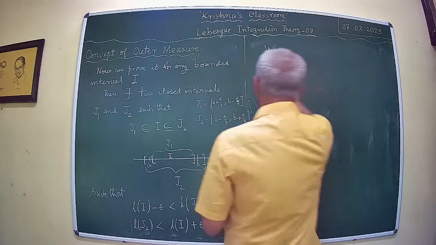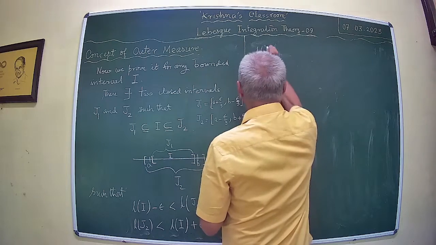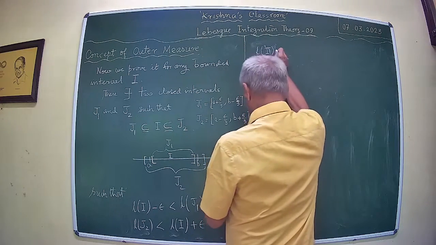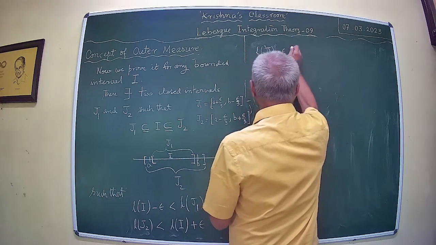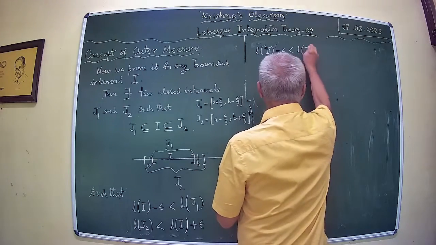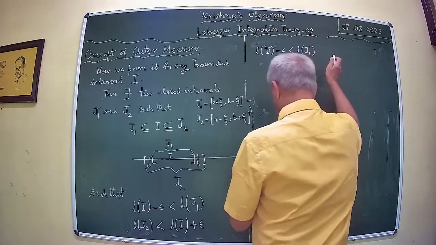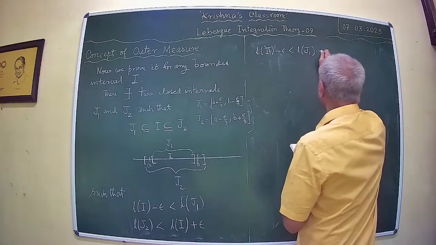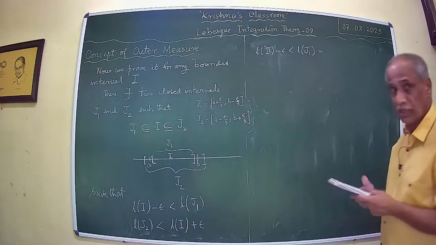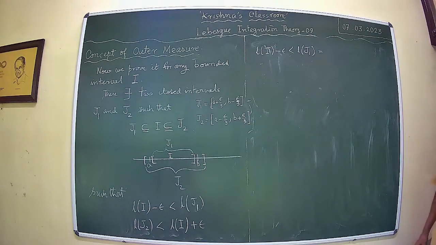Therefore what you have is this: length of I minus epsilon is length of J1, and length of J1, we have already proved this result that M star of a closed bounded interval is its length.